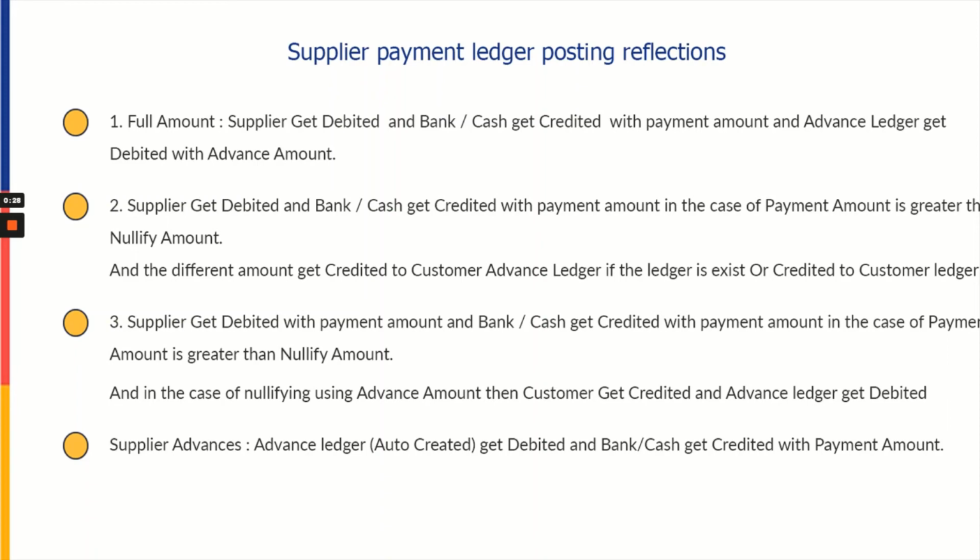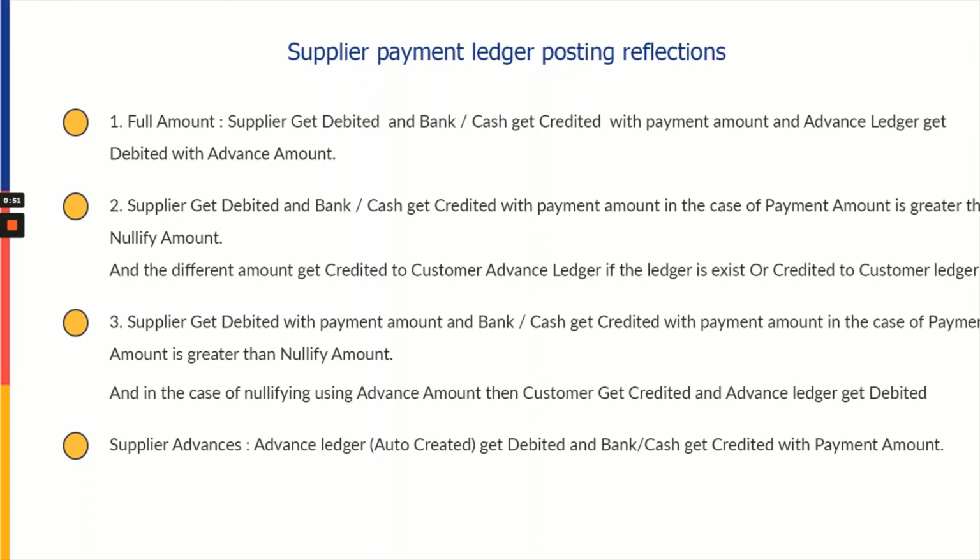Number 2. The supplier gets debited and bank cash gets credited with the payment amount, in case the payment amount is greater than the nullify amount, and the difference amount gets credited to the customer advance ledger if the ledger exists, or credited to the customer ledger. Number 3.